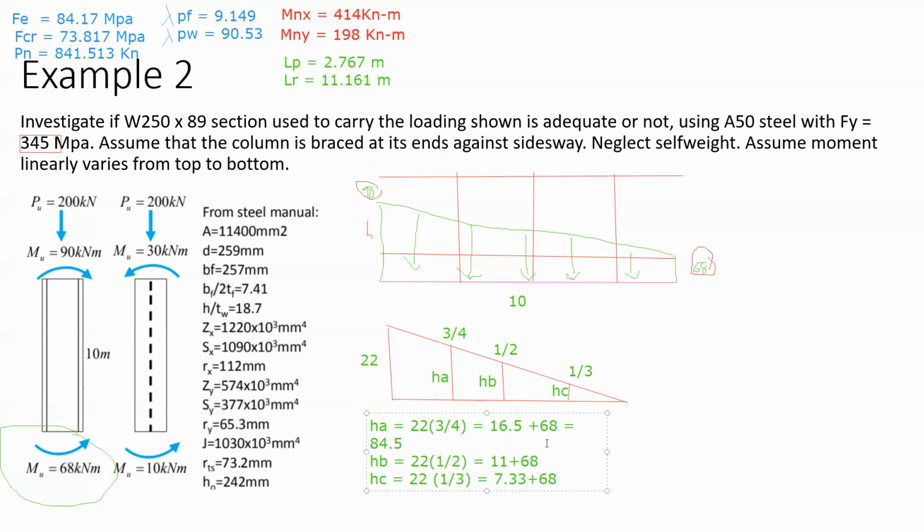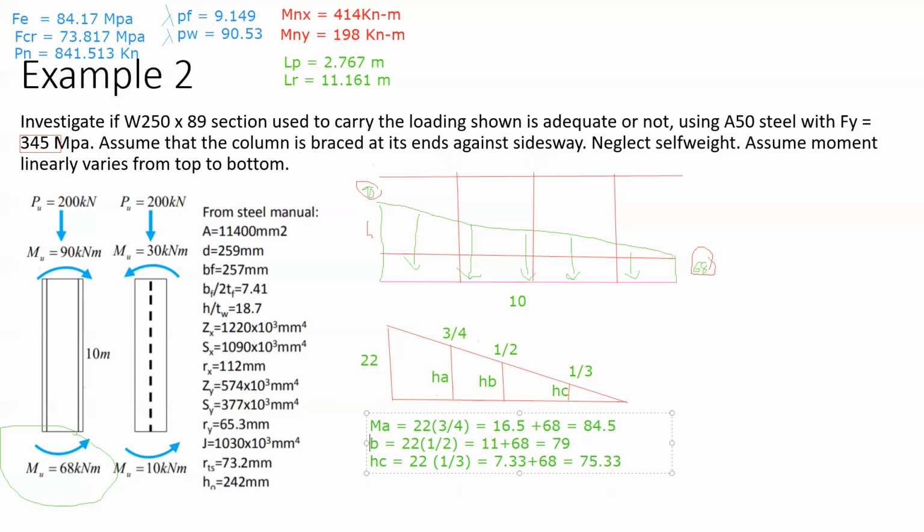The next one, 79 po. And lastly, we have 75.33 po. And this is now your MA, MB, and MC by just looking at our triangle.